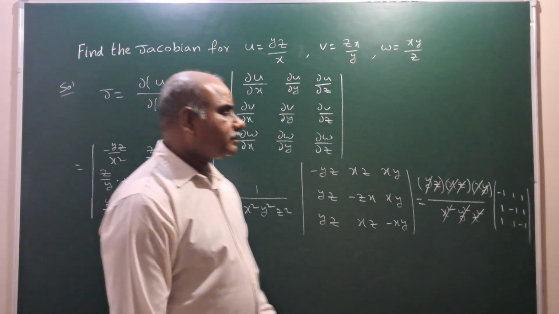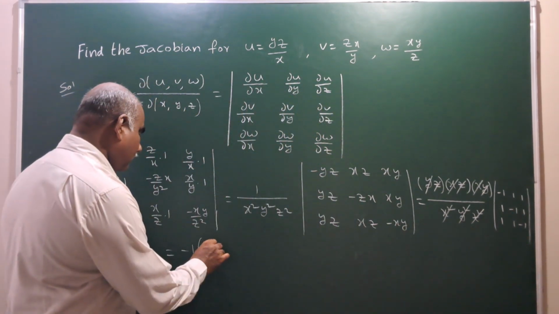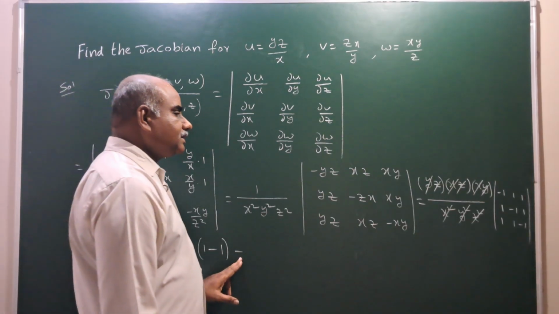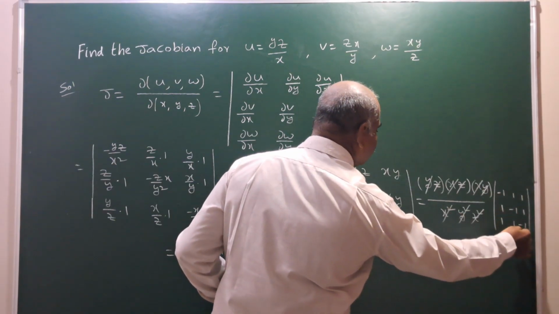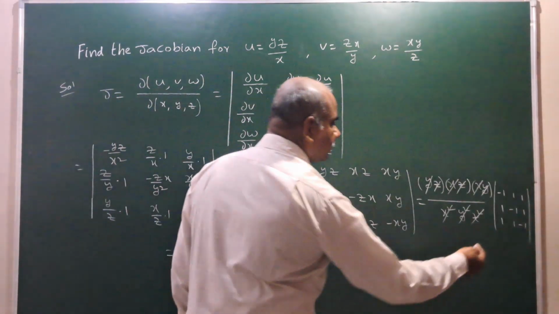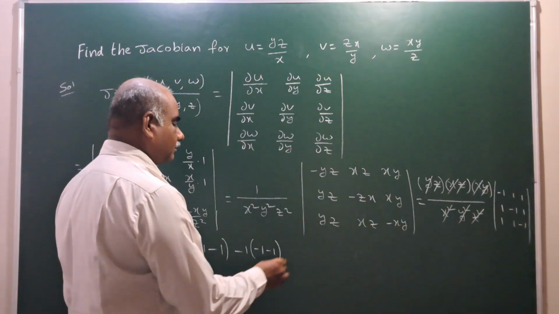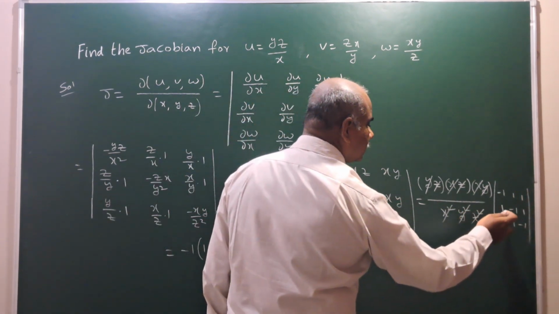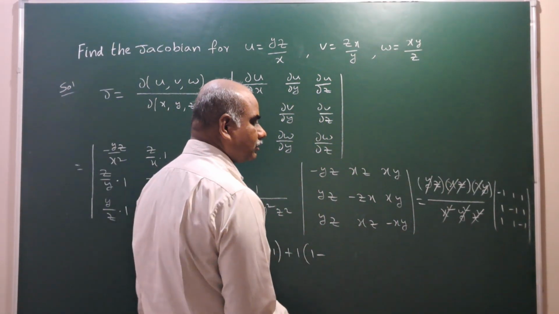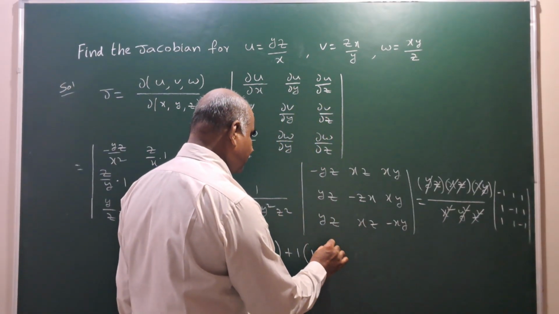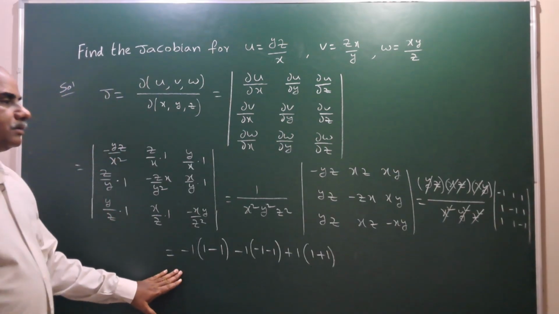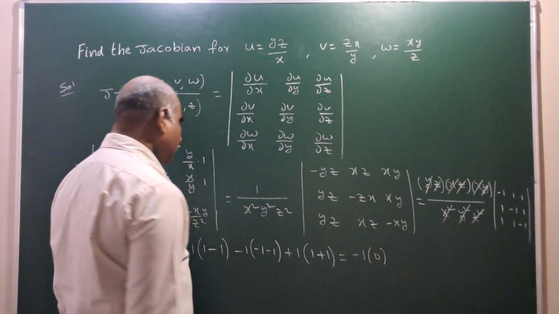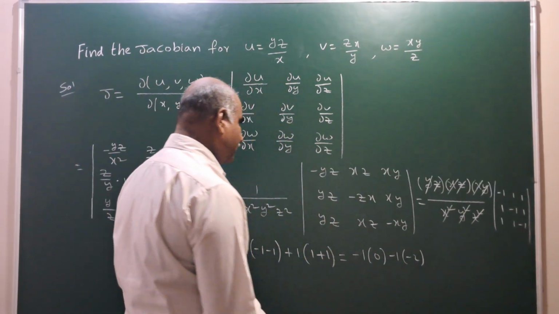Minus 1 into (minus 1 into minus 1 plus 1, minus 1 into 1, 1), that is minus 1 into 0. Next, minus 1 into (1 into minus 1, minus 1, minus 1 into 1, 1), that is minus 1 into minus 2. Plus, the third element in the first row, 1 into (1 into 1, 1, minus 1 into 1, minus 1), so minus minus plus, that is 1 into 2. So this is equal to minus 1 into 0, minus 1 into minus 2, plus 1 into 2.